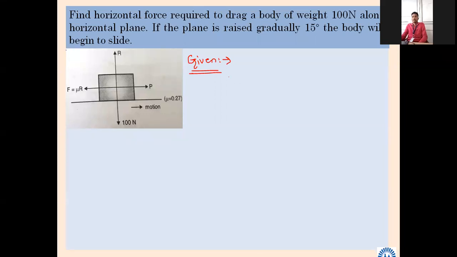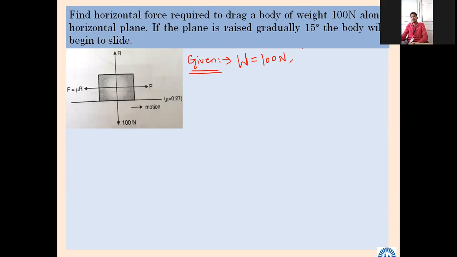Now tell me what is given in the problem statement. Weight of body. Okay, very good. How much is it? 100 Newton. Very good.